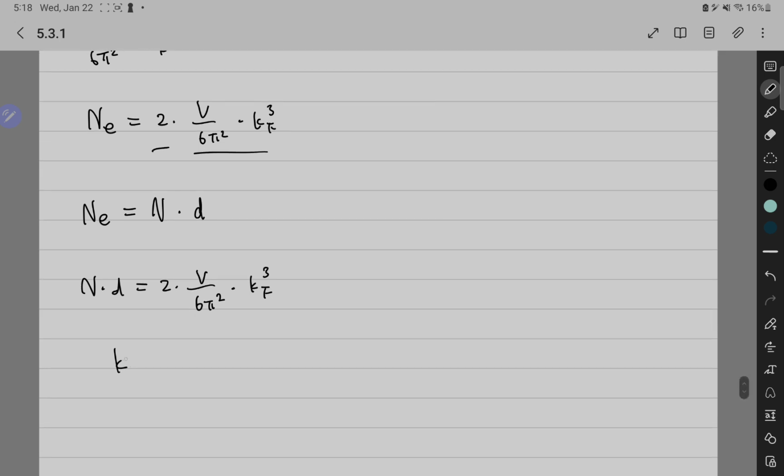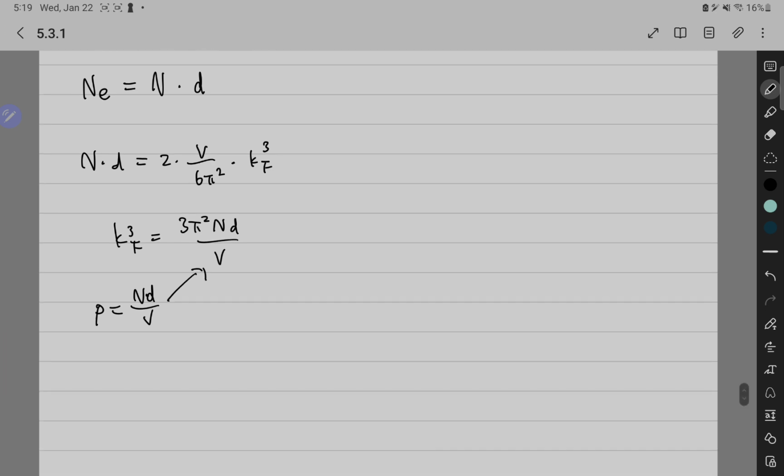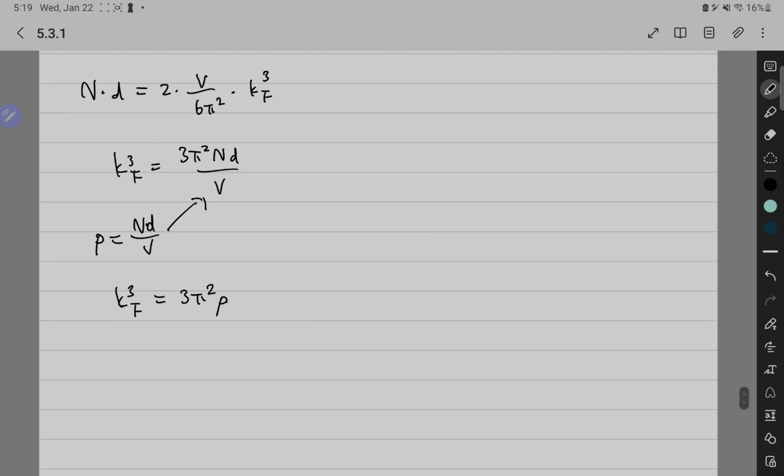If we isolate kF³, it's going to be 3π² nd over V. And if we use the formula for electron density, ρ equals nd over V, we can substitute and simplify, because nd over V just becomes ρ. So kF³ is simply equal to 3π²ρ, or kF is equal to (3π²ρ) to the power of 1/3.